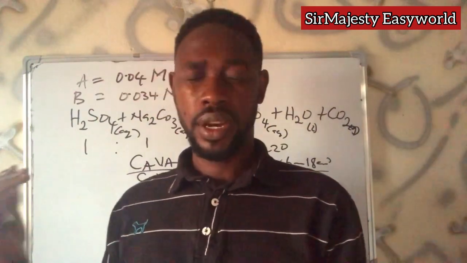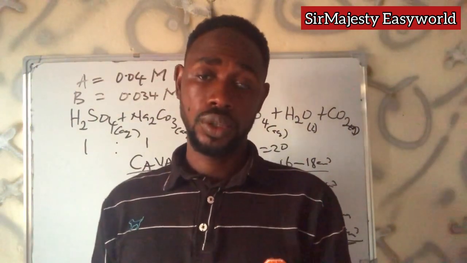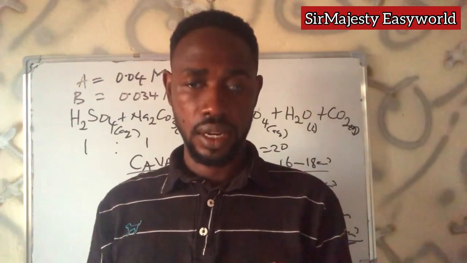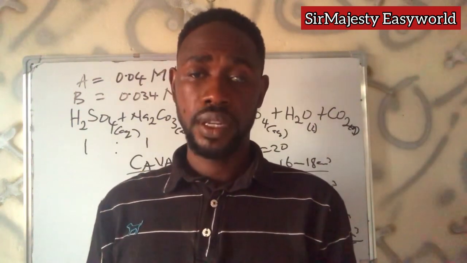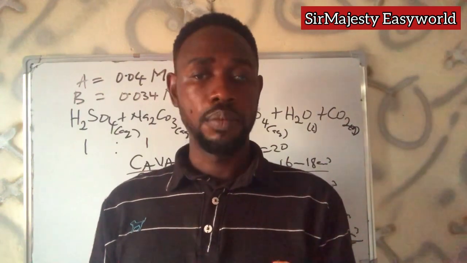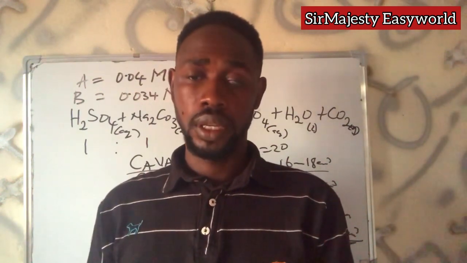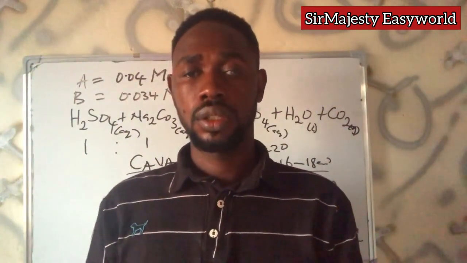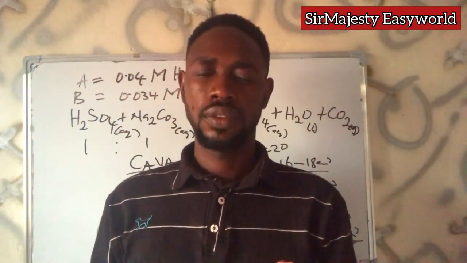So as you are preparing this, you prepare the standard solutions very, very well. You can watch many titration videos on this channel to see how you can prepare these standard solutions. There are many of them. Just go to the playlist that has the title titration or quantitative analysis.